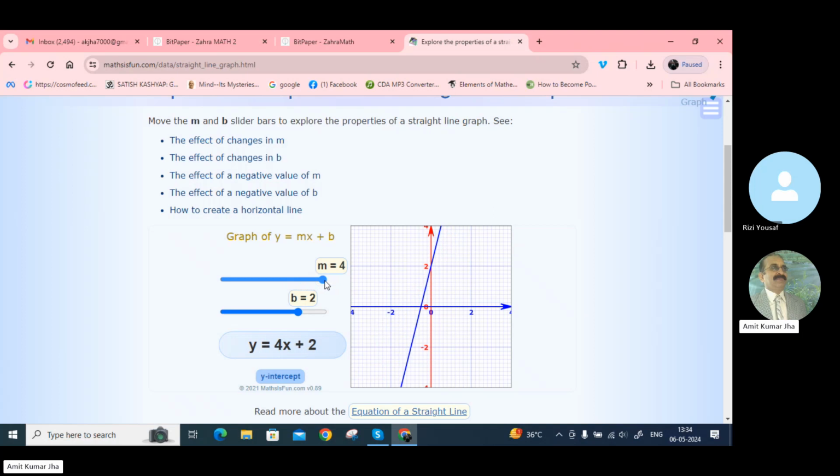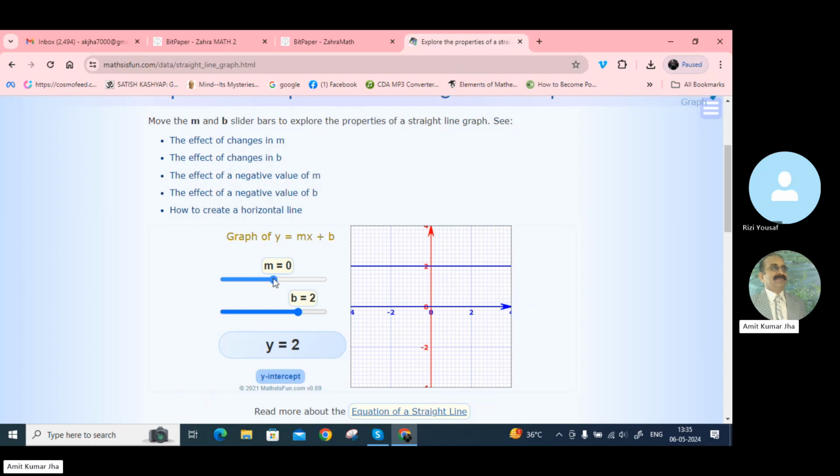And now see here, it is greater than 90. See my cursor moving, and you will notice from here to here, it is more than 90. 90 would have been here itself. At this point, m is 0 because it is parallel to the x-axis.